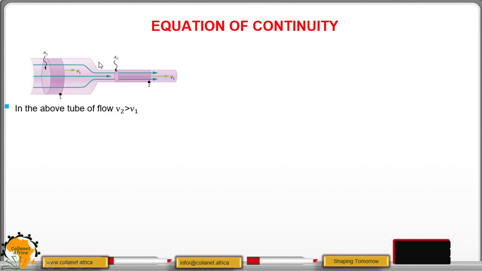So it means that the velocity of this fluid on this section, the narrow section, is higher as compared to the velocity of this fluid on this side, that is the V1.